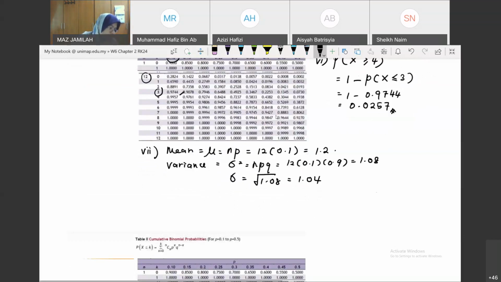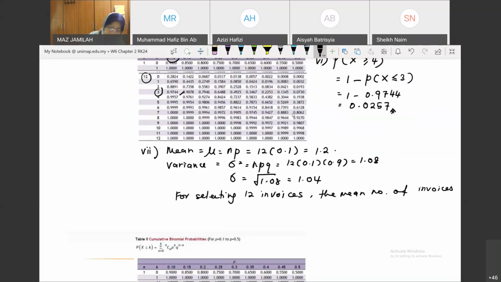For the process of selecting 12 invoices, the mean number of invoices that receive a 10% discount is 1.2.